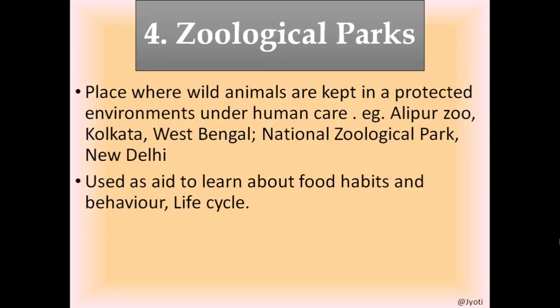Since the animals are in a protected area, you can observe their behavior and life cycle very keenly. How do they reproduce? What is their behavior? Some animals are seasonal breeders, so how do they behave during that particular season? Their food habits also we can learn.